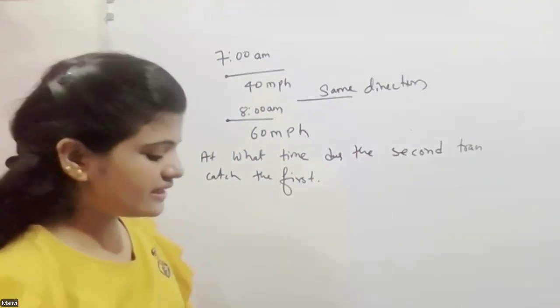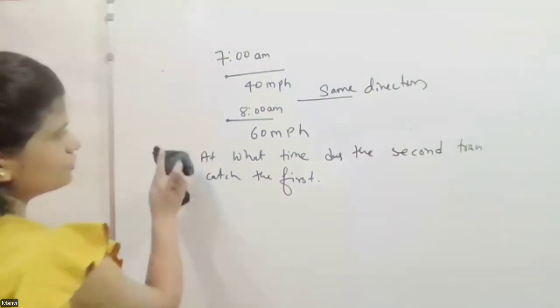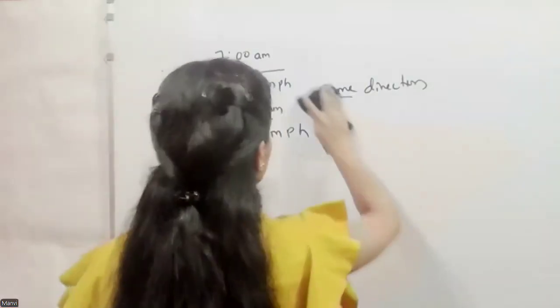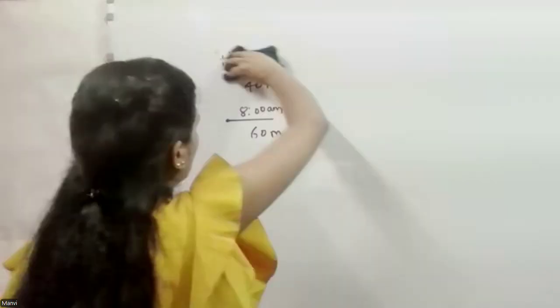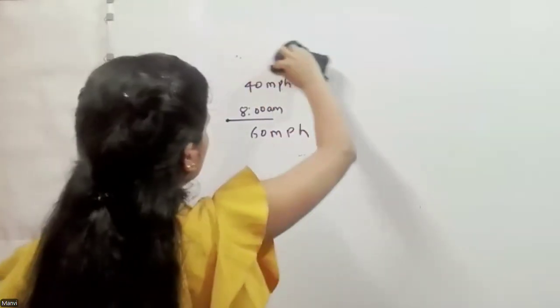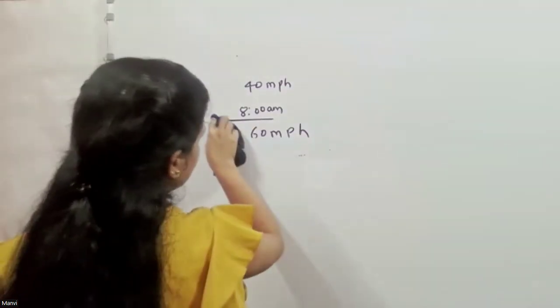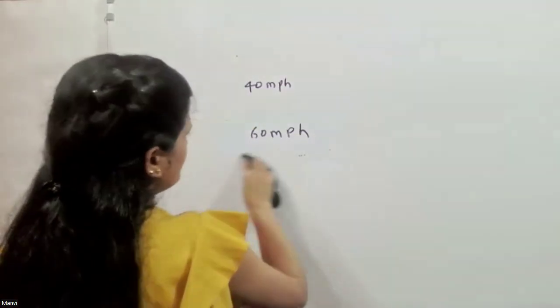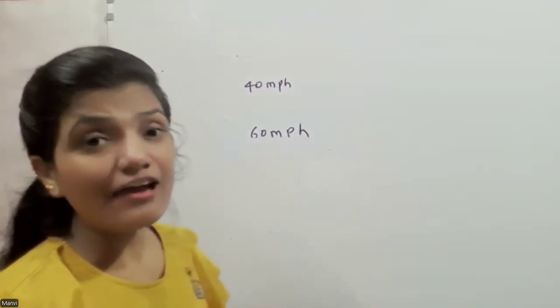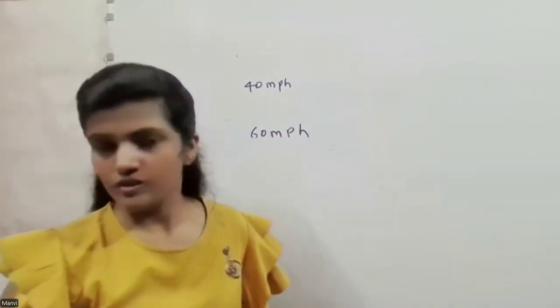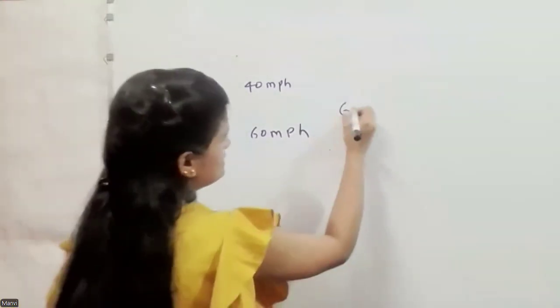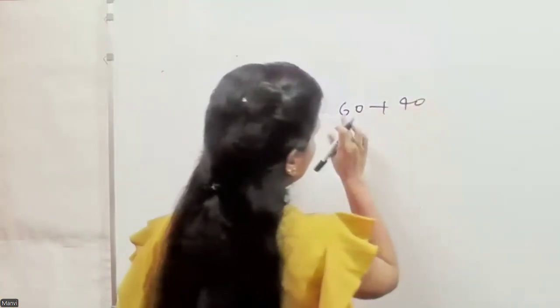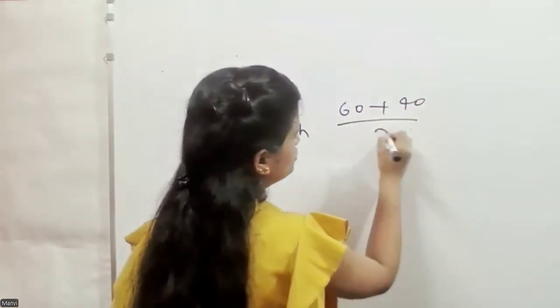For example, if one car travels at 40 miles per hour and a second travels at 60 miles per hour, what is the average speed of these two? It's not 60 plus 40 and then divide by 2.